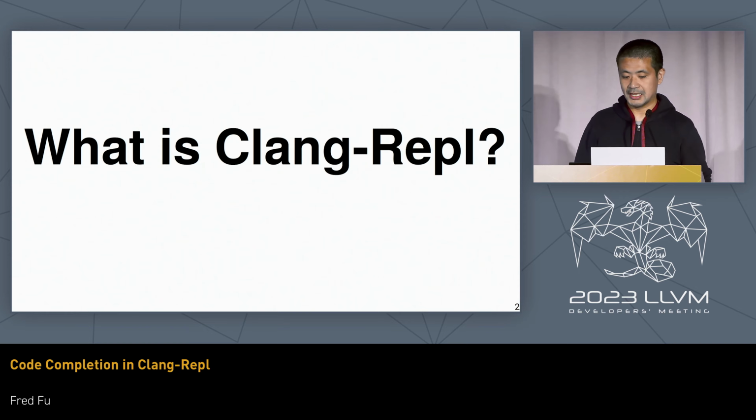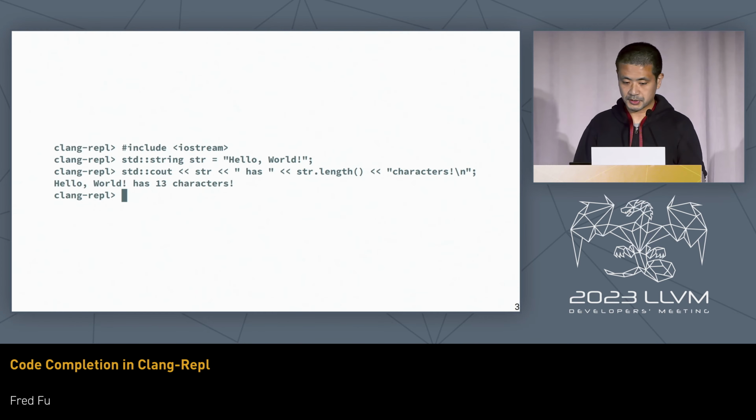So for starters, let's talk a little bit about Clang-Repl, since not everyone here knows what it is. Clang-Repl is fundamentally a C++ interpreter built upon the LLVM compiler pipeline. It allows C++ programmers to develop C++ programs in an interactive, exploratory manner.